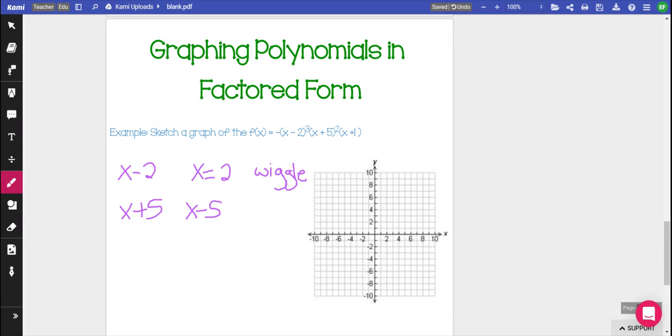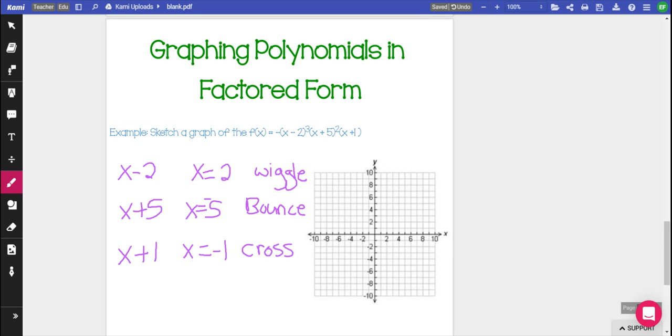And because its multiplicity is a 2, that means we're going to have a bounce. Last factor, x plus 1, has an intercept. Oops, got that one wrong, sorry. Has an x-intercept of -1. And because the multiplicity there is a 1, that translates in just to a cross.